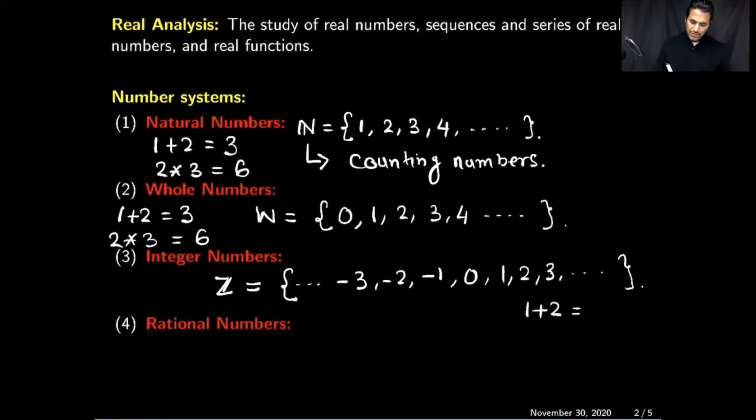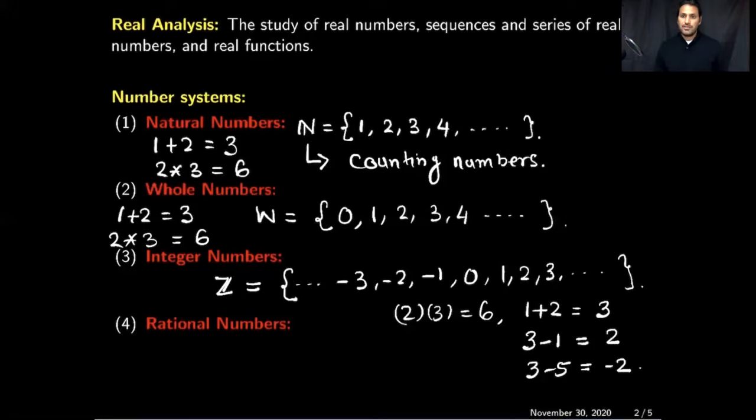You can add two integers, and then you get another integer. And now you can also subtract one integer from another integer, and then you get another integer. The multiplication operation was also there. You can multiply two integers and then you get another integer. So in this number system, we have three operations: addition, subtraction, and multiplication.